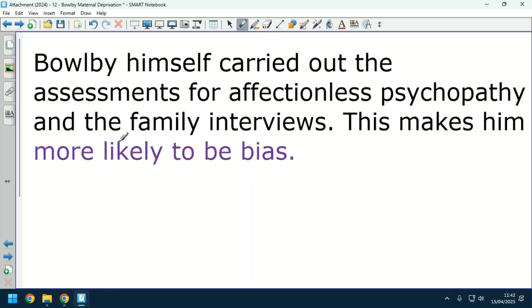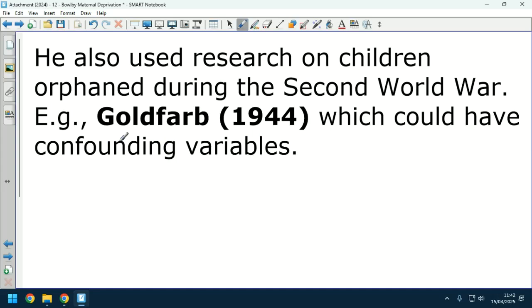It says here, Bowlby carried out the research himself, so he could have been biased. We also know that the children he used had been in the Second World War. Goldfarb's research was also including children of that particular period, looking at their low IQ and things like that.